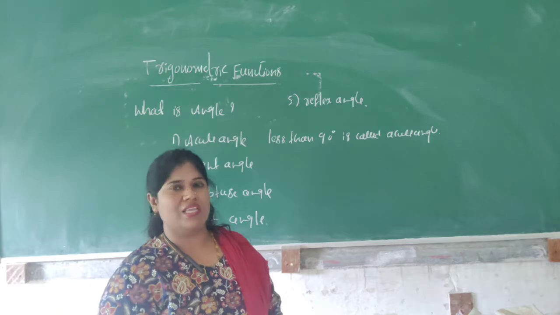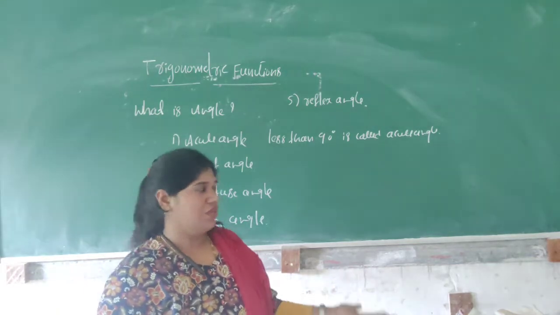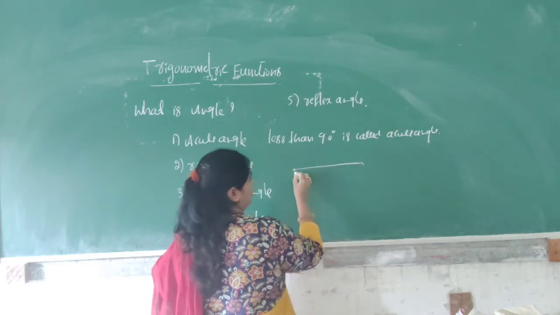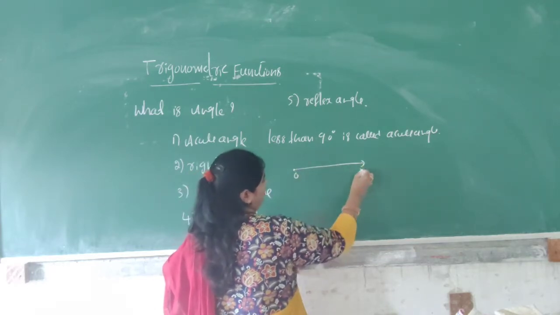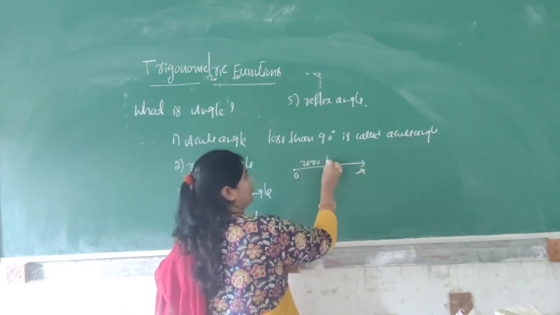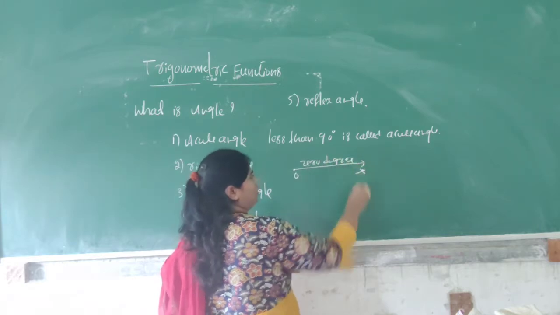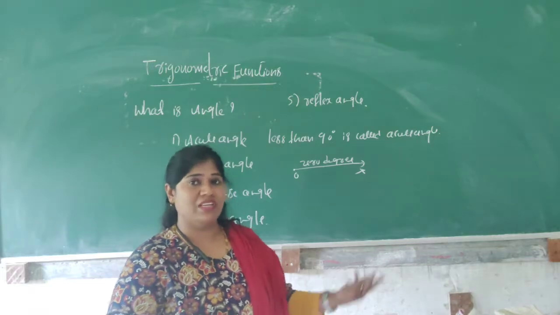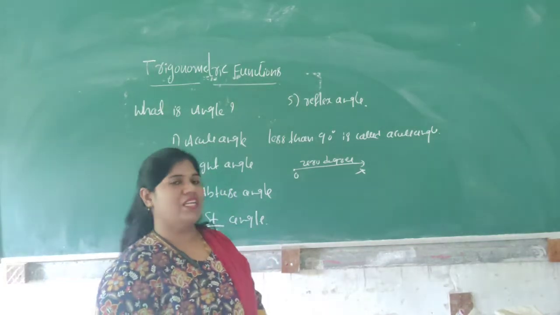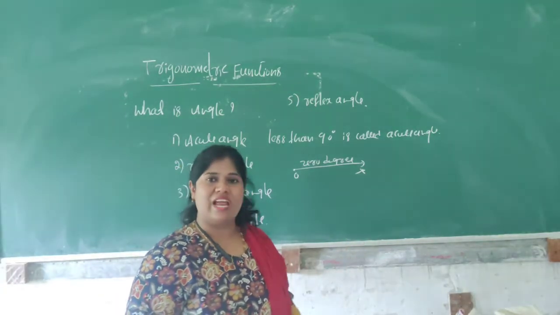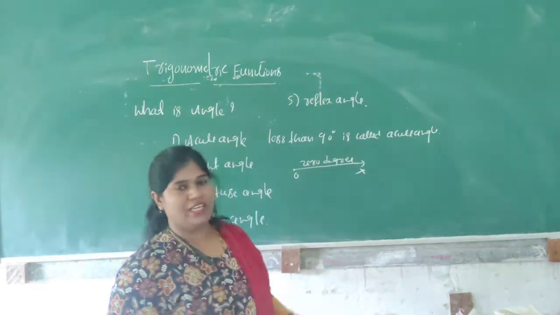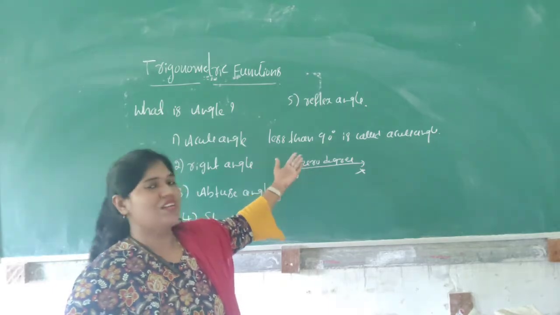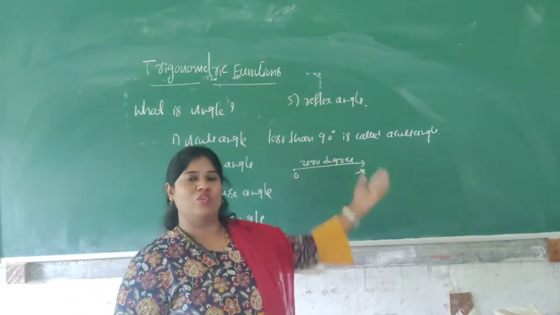This one is the 0 degree. From 0 to 89 degree, you can give any angles. That may be 30 degree or 45 degree, if I talk about the standard angles. So 30 degree, 45 degree, 60 degree, these all come under acute angles.